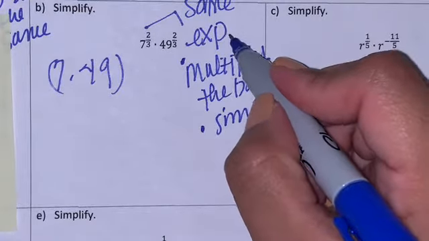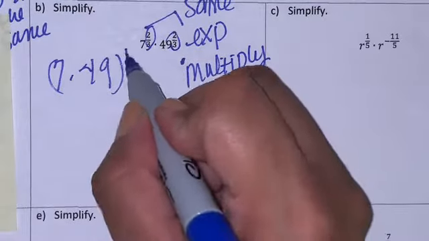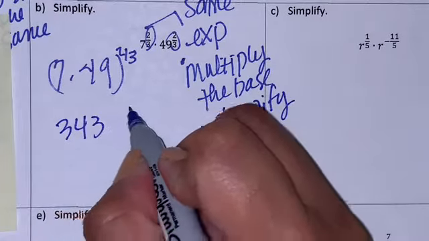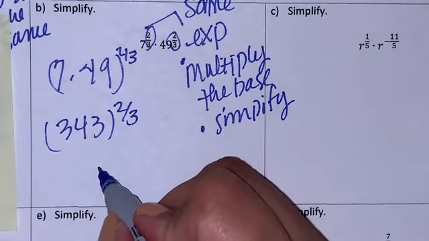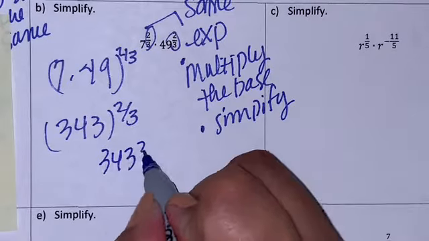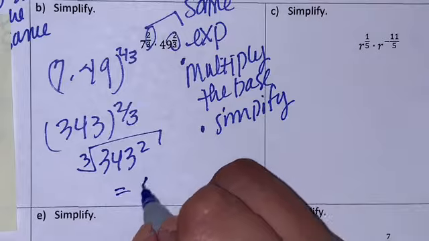Same exponent. So it's 2/3 and 2/3. Going to multiply the base and then simplify. So 7 times 49 is 343. And that is to the 2/3. And then I'm just going to get 343 squared cube root. That's going to equal 49.